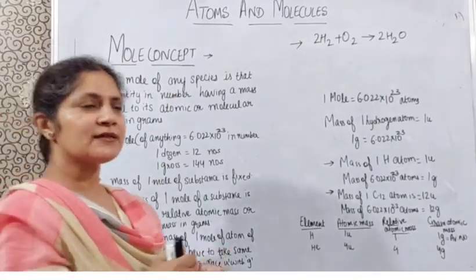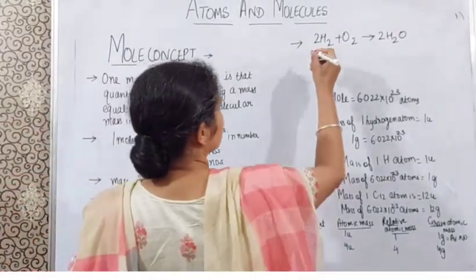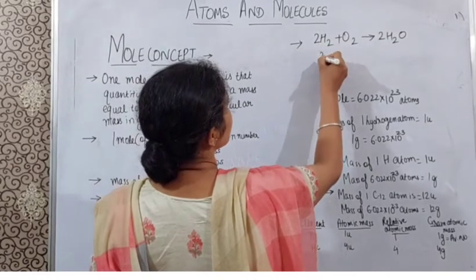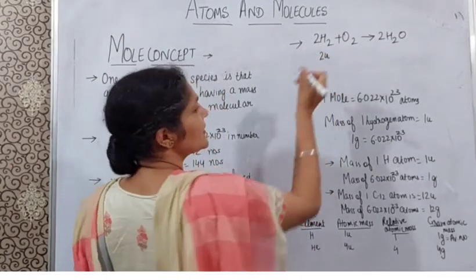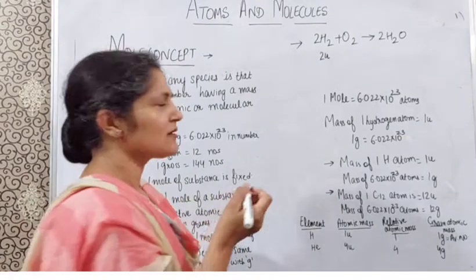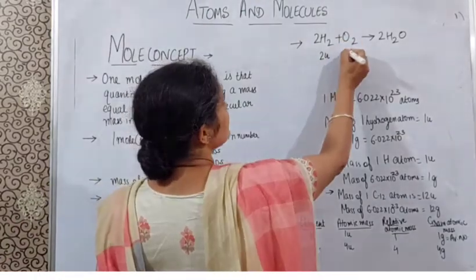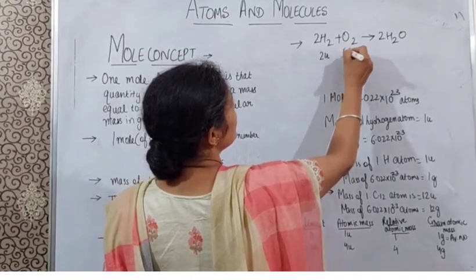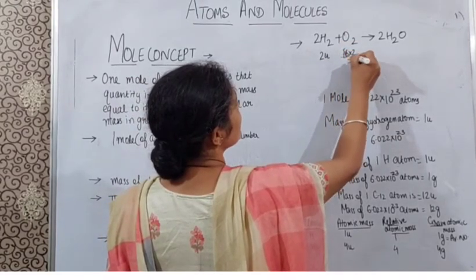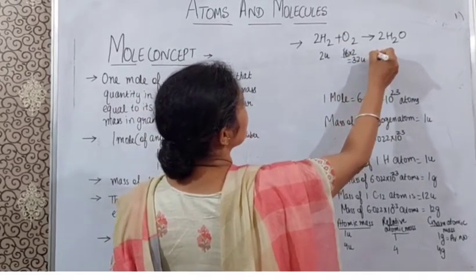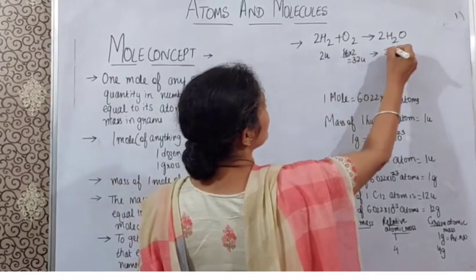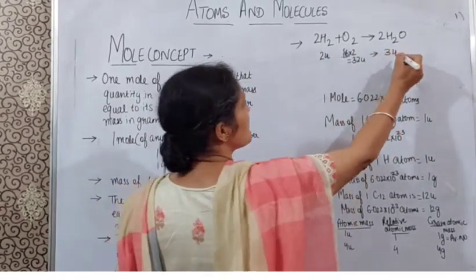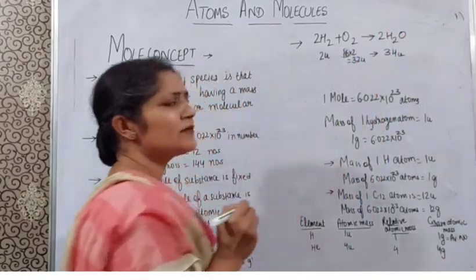Now students, we see that hydrogen has atomic mass 2 U. U is the unit of atomic mass. Now in oxygen, because there are 2 atoms, 16 into 2 is 32 U, and they combine to form 34 U mass. Right students?